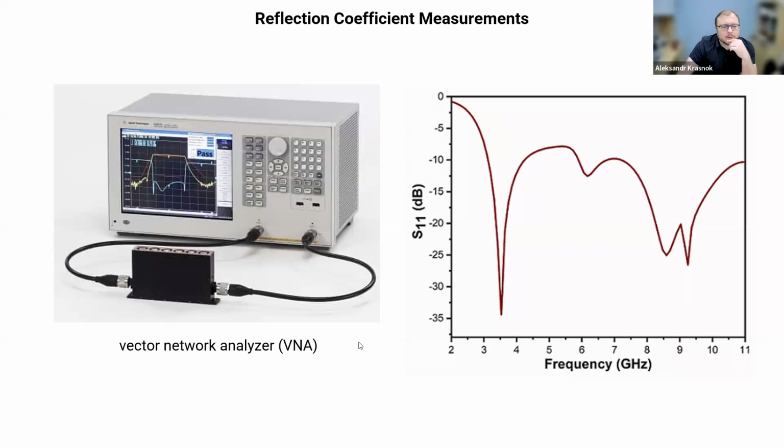In order to be able to measure phase, it is actually not a simple task, because you need to know the exact phase that comes out from your port, right? So you use that phase as a reference. It's called phase locking, and to do so is pretty challenging.